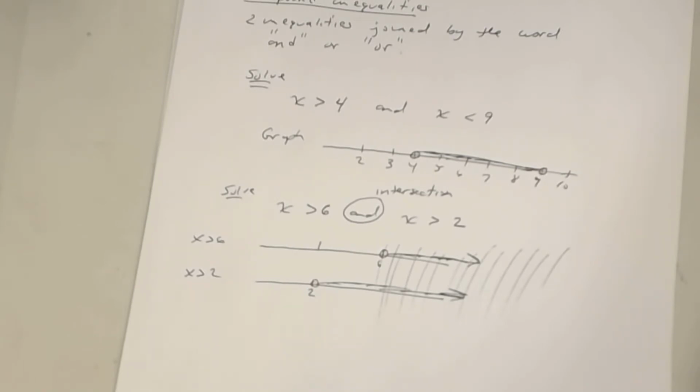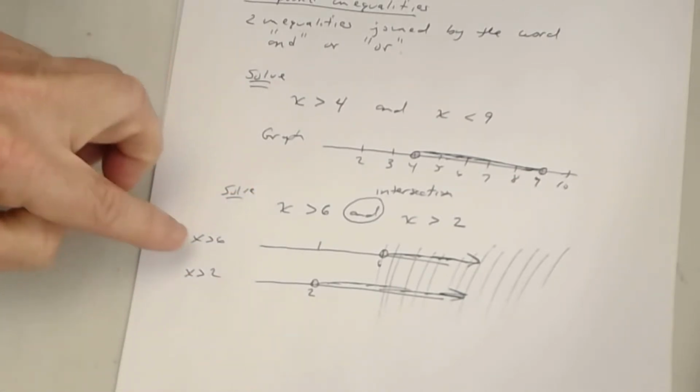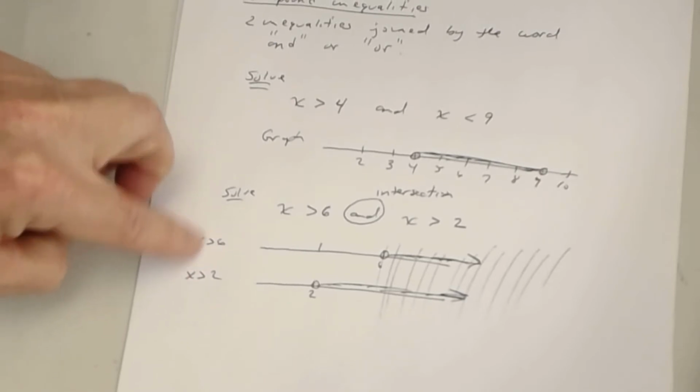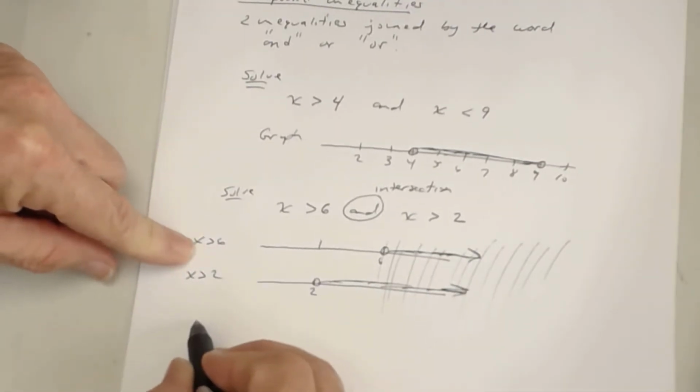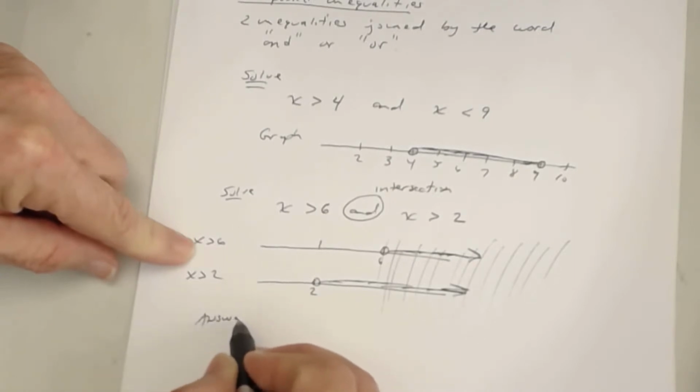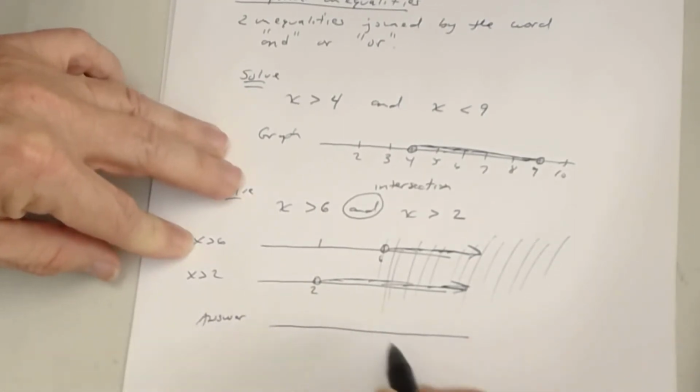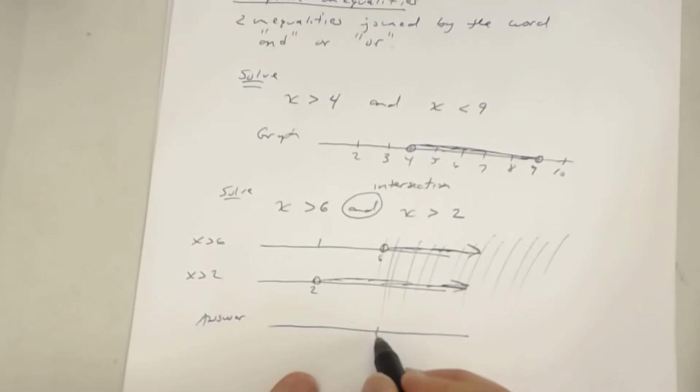So when doing those compound inequalities, it is a very good idea, when you get x by itself, to draw each of the solutions and then look at the intersection. And so your answer then, where are you going to start? 6 with a what? Open circle going to infinity. So there's your graph.